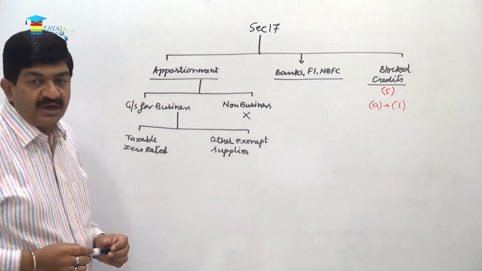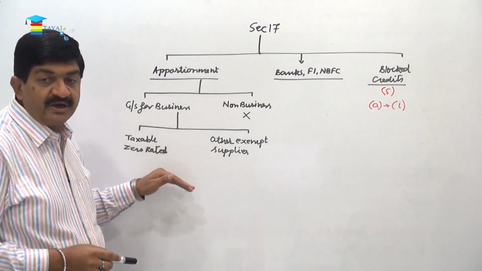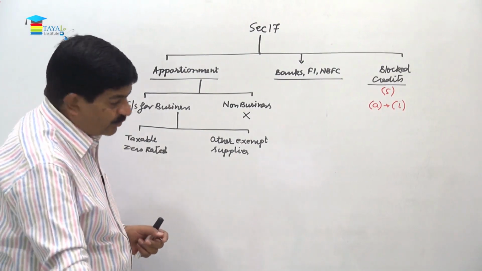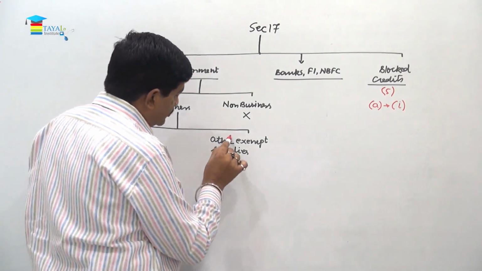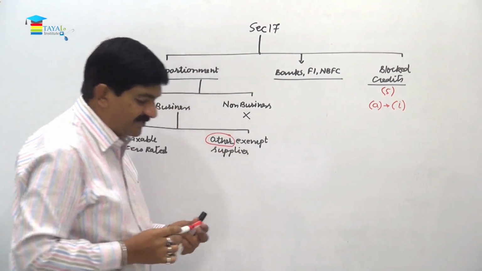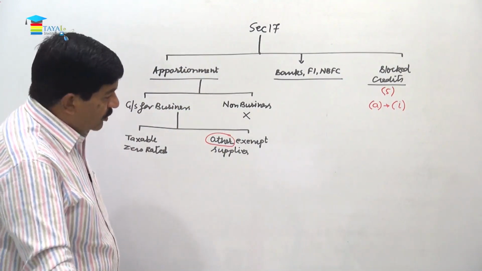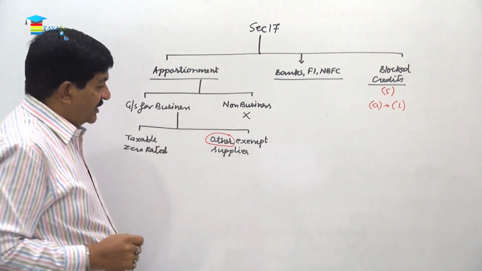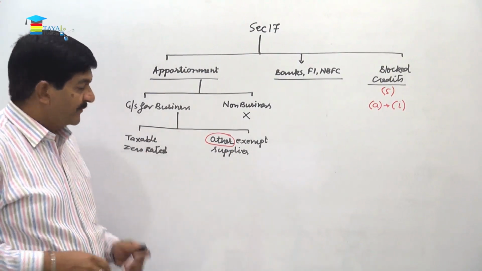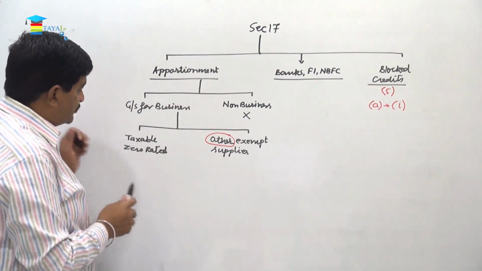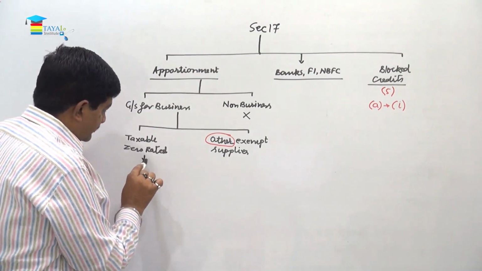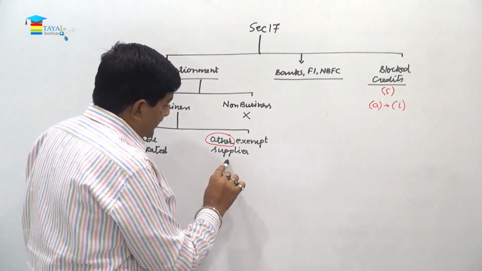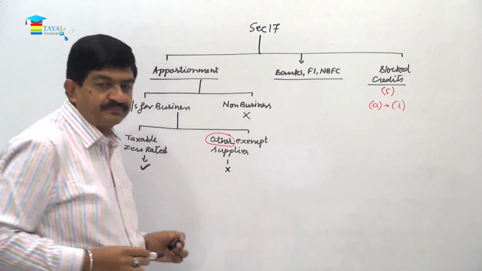So I have used the word other exempt because zero rated are otherwise covered in the definition of exempt supplies. So that's why I am using the word other exempt. So other exempt are those are non-taxable or those are taxable but exempted. Both the things are covered therein, right? Zero rated also comes in the category of other exempt, but here that is covered along with taxable. So for this credit is available. For this credit is available. For this credit is not available, right?